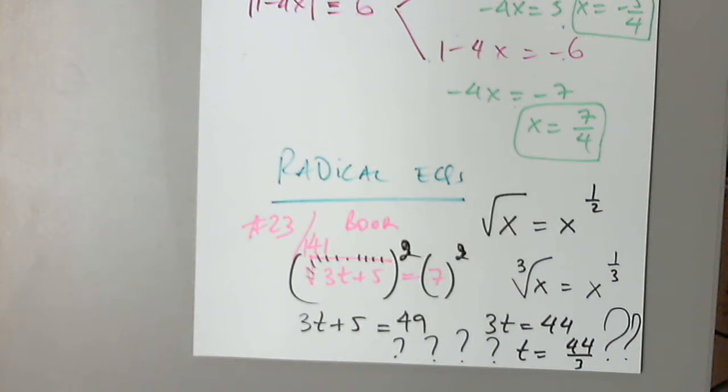Why do I have so many question marks in there? If I move a term from one side to another, like we did here, I moved 5 to the other side, became negative, or I subtracted 5 from both sides, did I change the equation or the solutions by subtracting 5? No. What if I decide to add 2t to both sides? Will I change the solution?